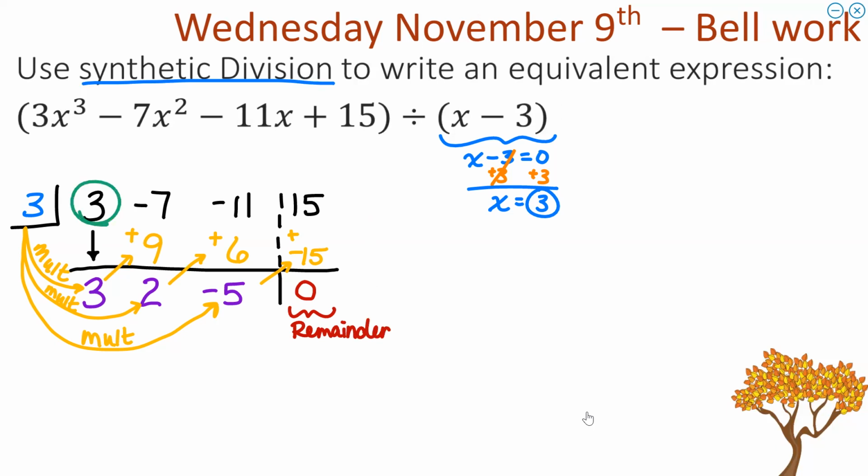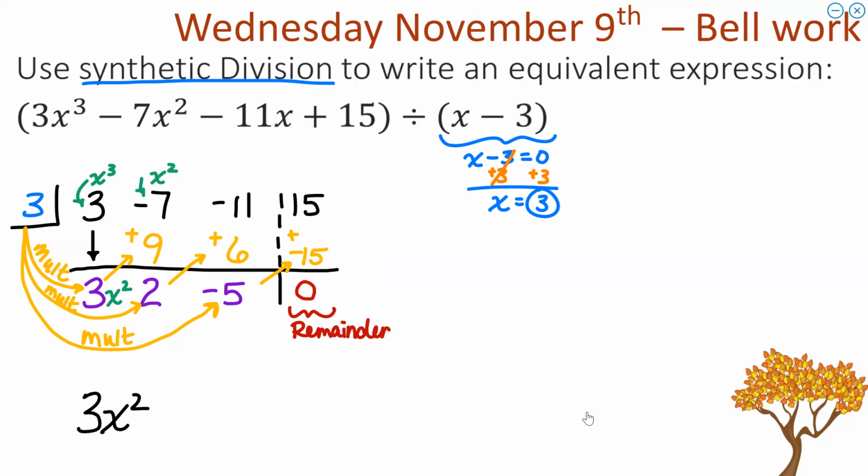This 3 right here, we got that from x cubed. So this 3 down here, does that also go with an x cubed? X squared, it drops 1 degree. So this is going to be 3x squared. -7 used to go with my x squared.